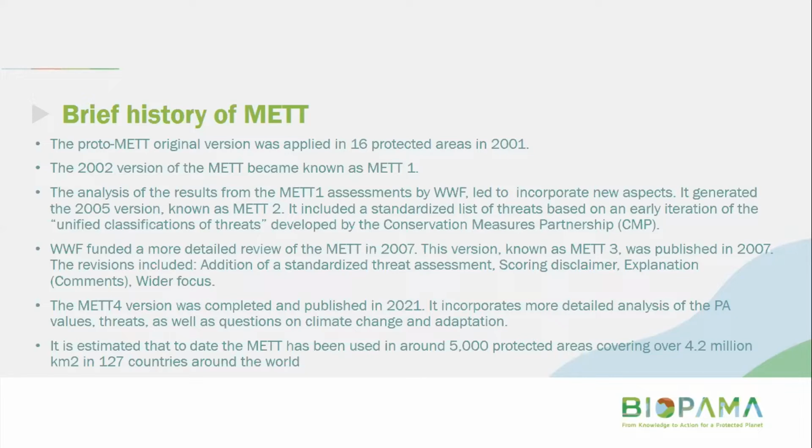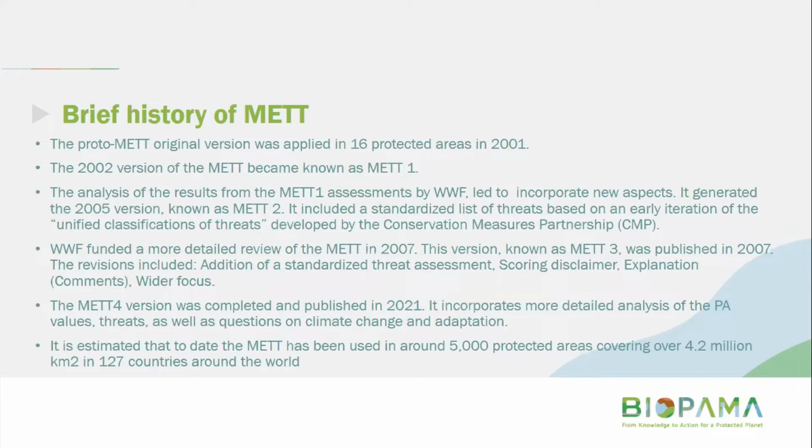Based on the results emerging from the implementation of the METT in several sites around the world, needs were found to incorporate new aspects that were being required by the sites as feedback from the implementation.